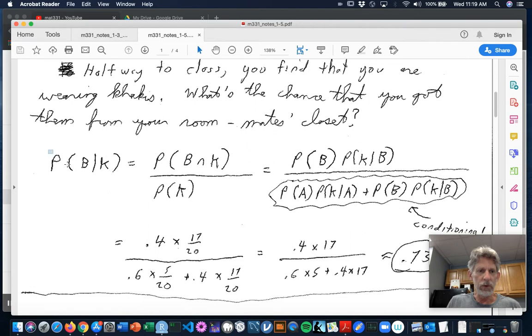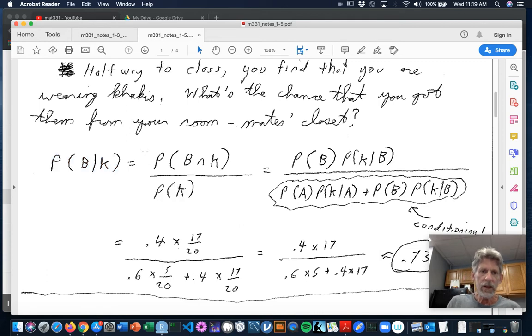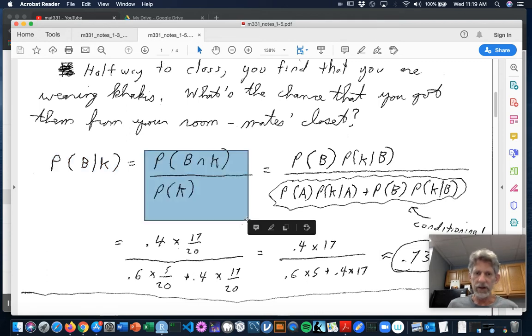So what you're looking for is actually a conditional probability. The probability that you went into closet B given that you see that you're wearing khakis, okay? The probability of B given K. So let's apply the definition of conditional probability.